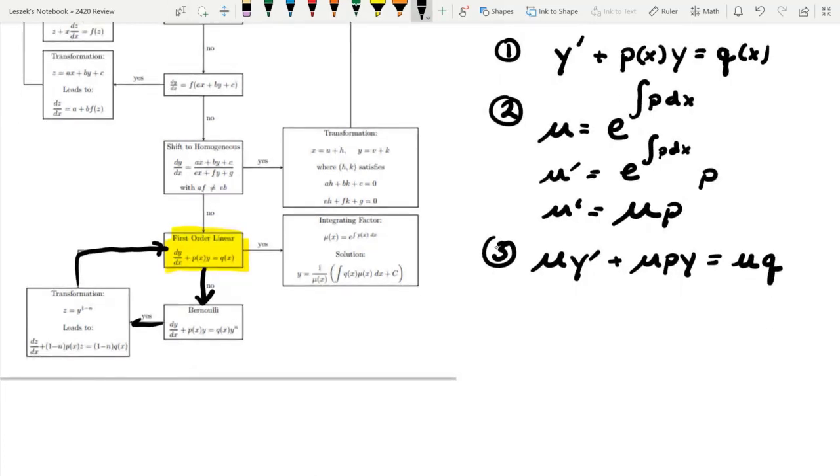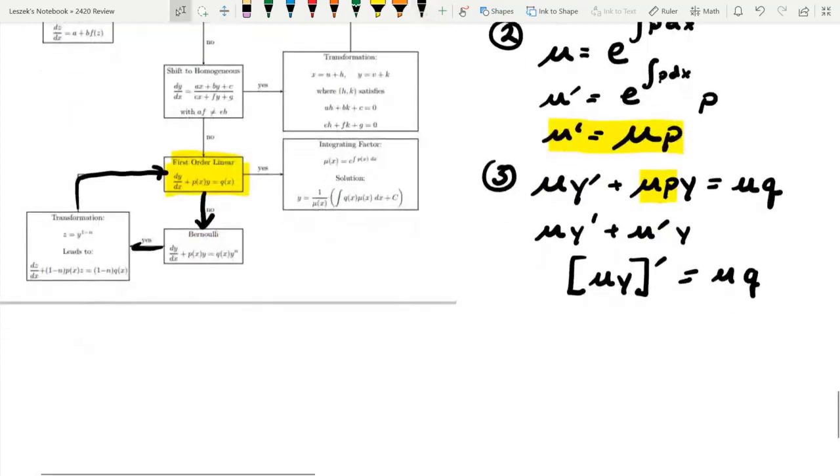By design, notice that we have mu times p, which is equal to mu prime. So the beauty of this procedure is that you force the left hand side to be the result of the product rule on the integrating factor times y.